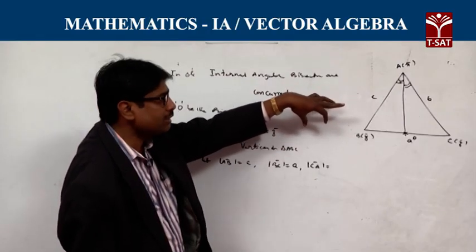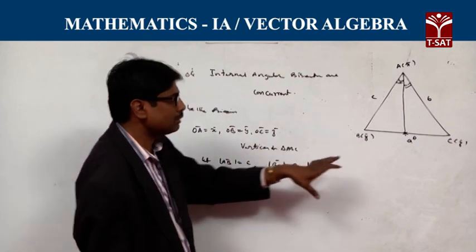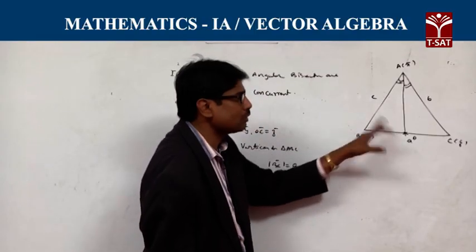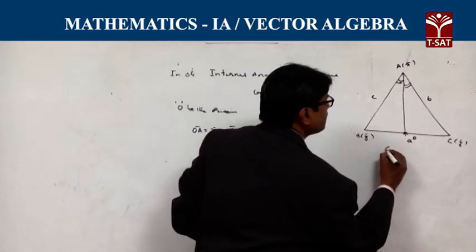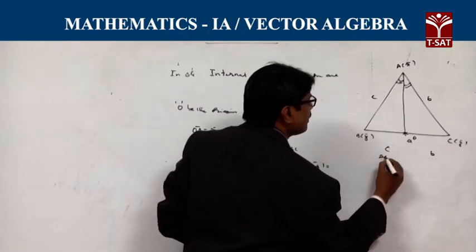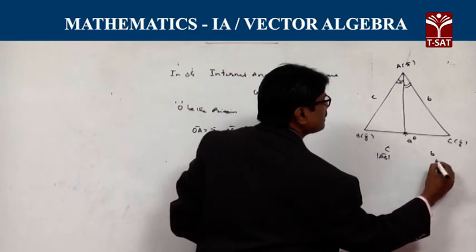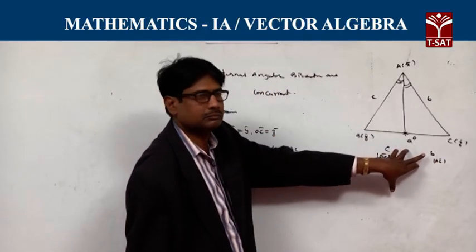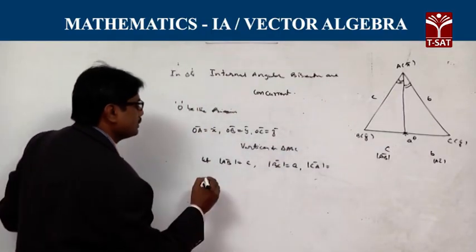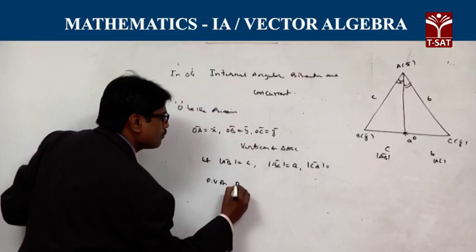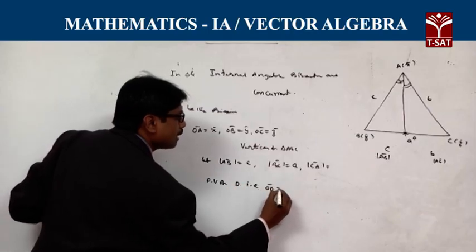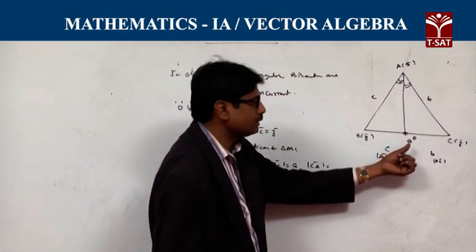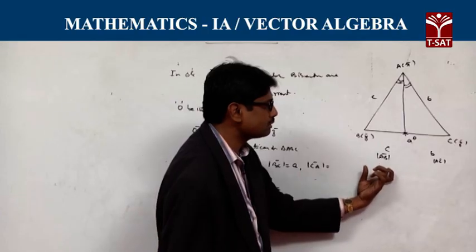AD divides the angle into two equal parts. AD will be the internal bisector, and in geometry we learned one small concept: the internal angular bisector at A divides the side BC in the ratio c:b, or you may say mod of AB to mod of AC. First we will find the position vector of D. So the position vector of D, that is OD bar, D divides BC in the ratio of c:b.